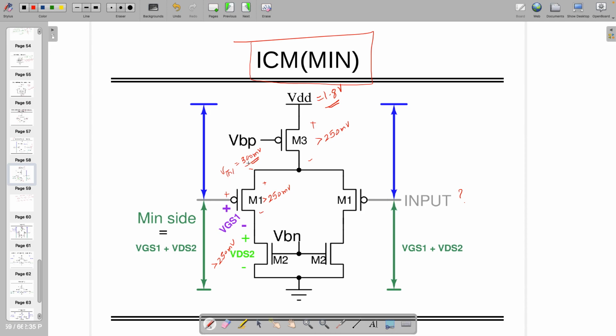This is kind of fixed. You have to make a budget of how much voltage you need at a particular node.